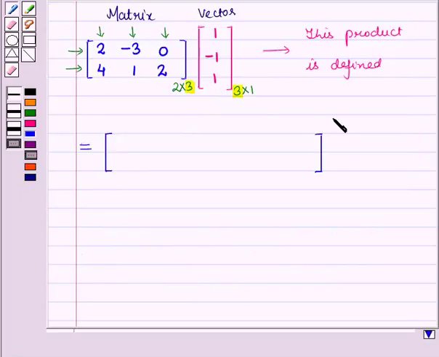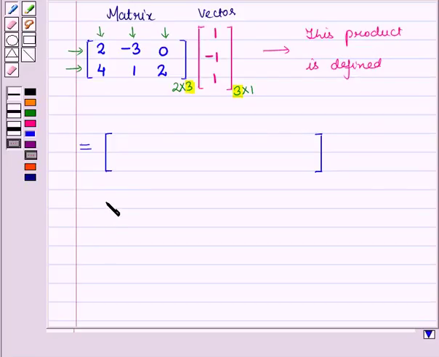Now to find the elements of the resulting matrix, that is the product matrix, we multiply the elements of each row of the first matrix by the corresponding elements of the column of second matrix, and then we add the products.